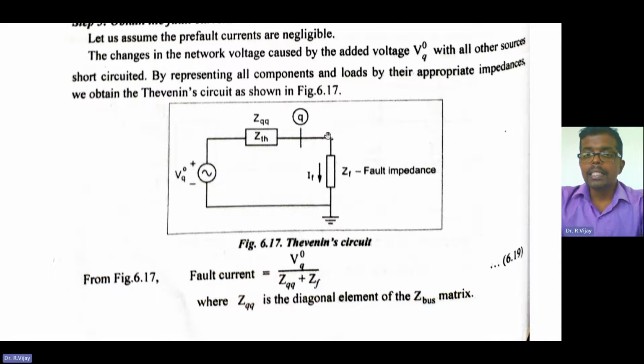Assuming the fault is happening in this qth bus, the fault impedance is also added, so here we have ZQQ plus ZF.